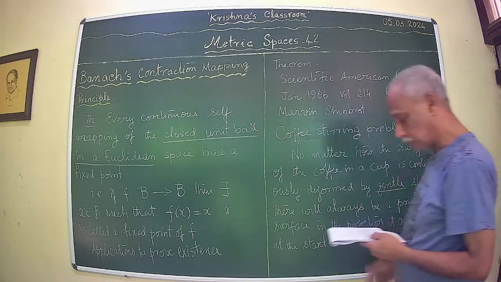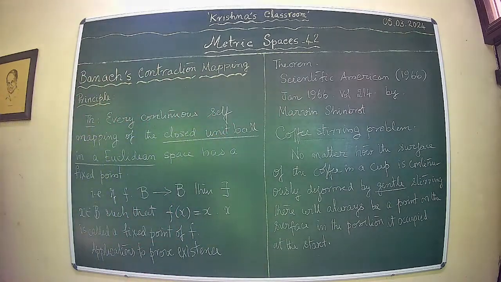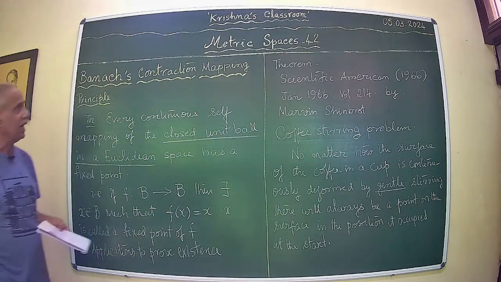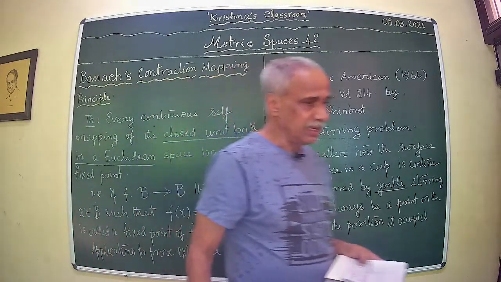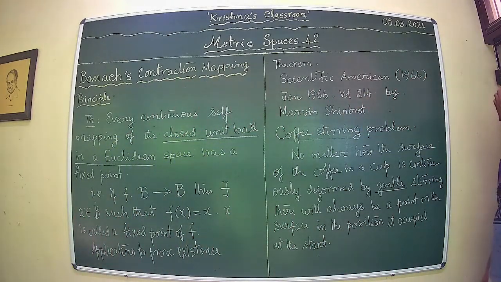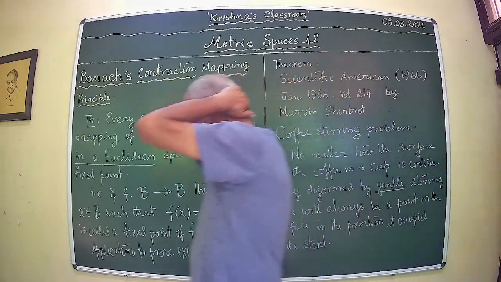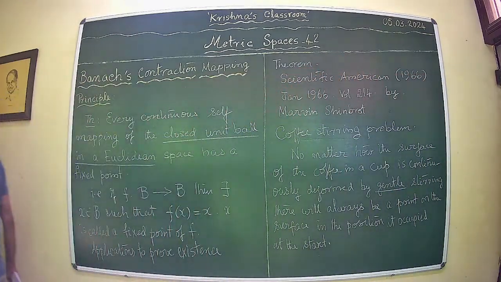Now, what we explore in this lecture is the so-called Banach's contraction mapping principle, and what it says for the so-called fixed point theorems in a very general setting like a metric space.